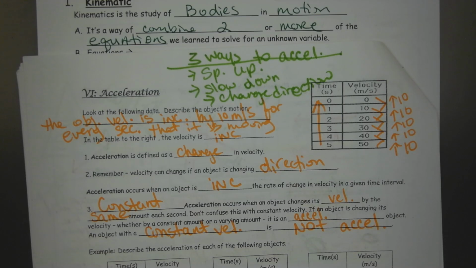Please do not confuse this for constant velocity, because we are going to take a test this Friday, and this is Unit 1, so we need to know this. Constant acceleration is completely a different word than constant velocity. They are completely not the same thing.